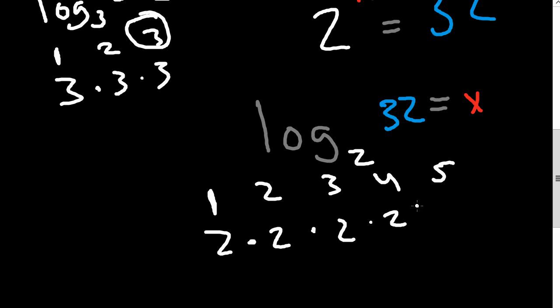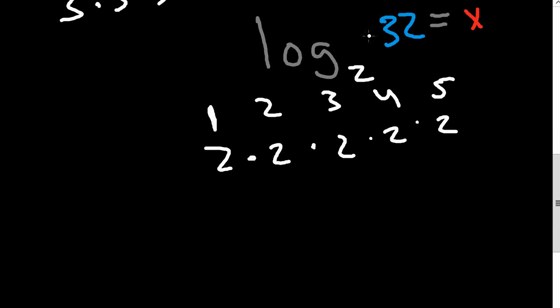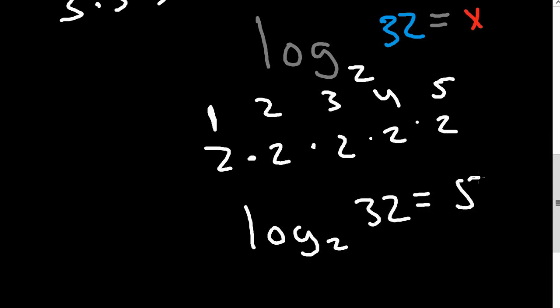And if we do it again, we have 32, which is our desired answer. So that means x is 5, because we had to multiply 2 by itself 5 times to get 32. So that means that log base 2 of 32 is equal to 5.